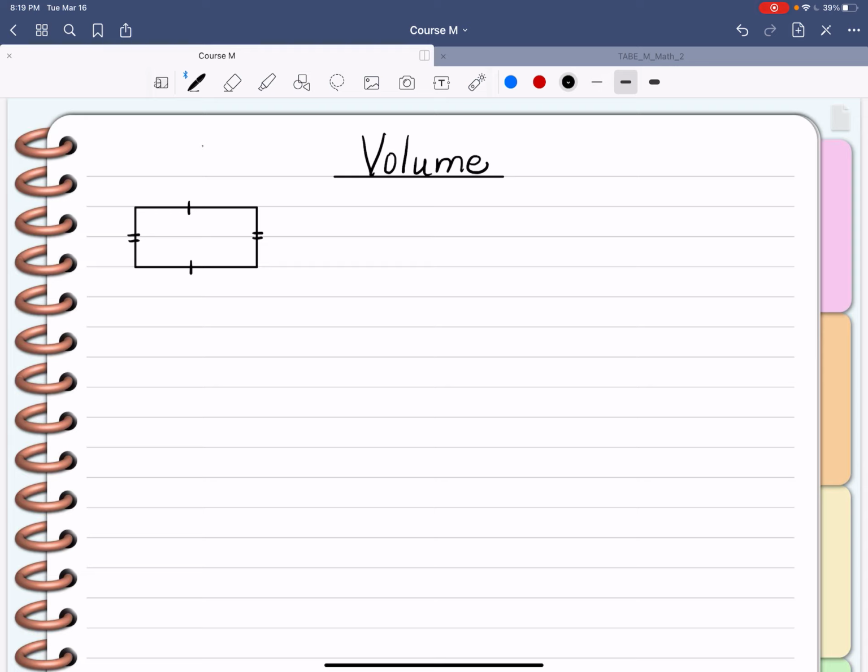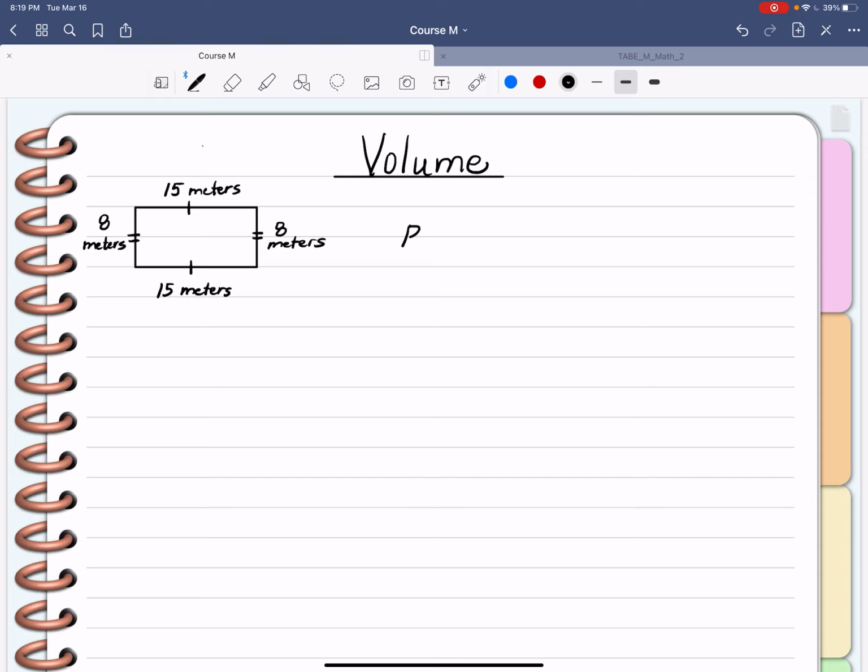So let's say that this is 15 meters. That means this one is also 15 meters. And that this one is 8 meters, which means that this one is also 8 meters.